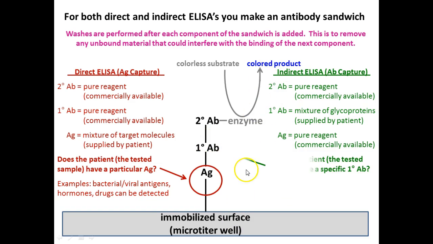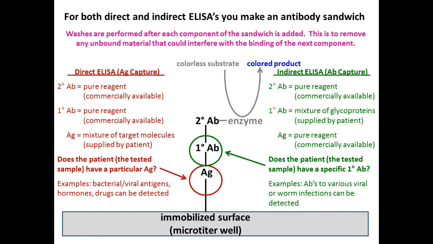So same thing, the only difference is, what's the question? In this case, do they have the antibody? With lots of viruses, we can detect whether someone has had that viral infection based on whether they have the antibodies in their sample.